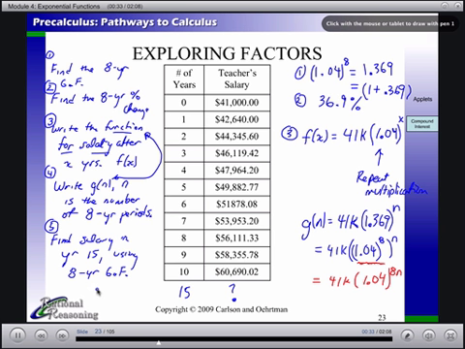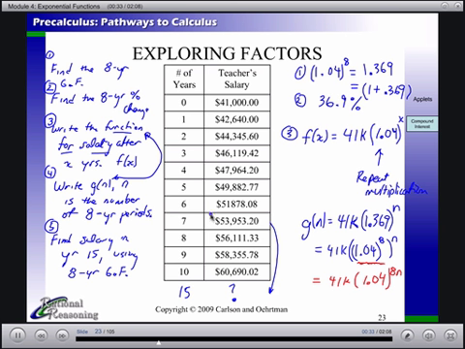Can't you just start with the value of year 7, and then just plug that into the formula and use 1 as your n? Yeah, so what does the 8-year growth factor do? It gives you the salary 8 years later. So if we knew the salary 8 years before, we could just multiply it by the 8-year growth factor. That was what I was hoping you'd see.